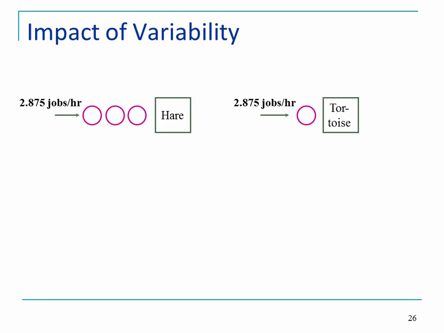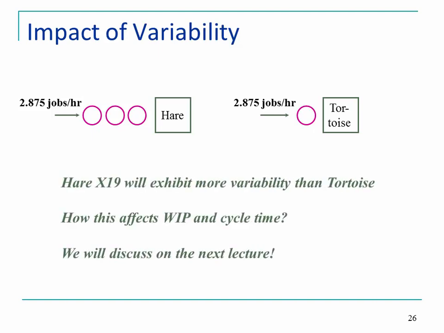Okay, so here I'm showing the impact of variability. In both machines we have the same arrival, 2.875 jobs arriving per hour. So here it's 90 with even more variability than before. How do these affect the width and the cycle time?